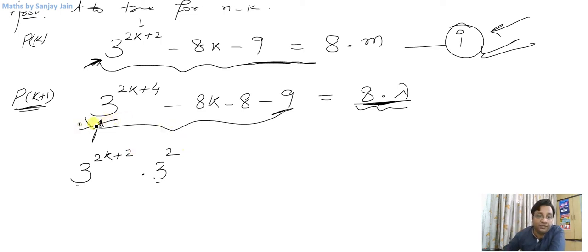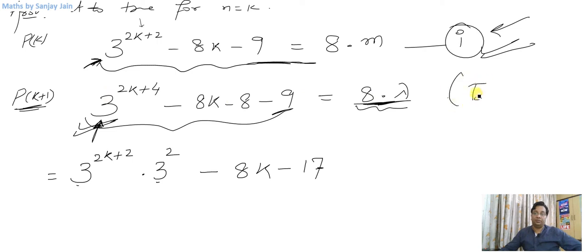So I have rewritten this term in this form, minus 8k minus 17. Now we will see whether this term is a multiple of 8 or not, right? This is to be proved.